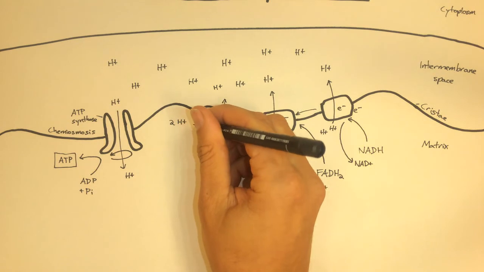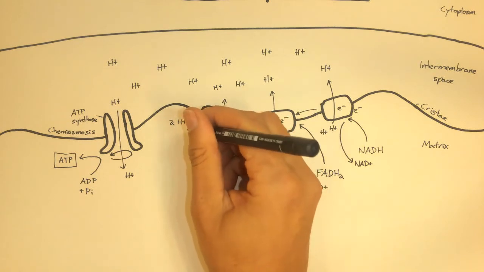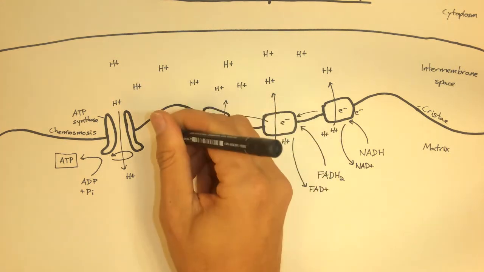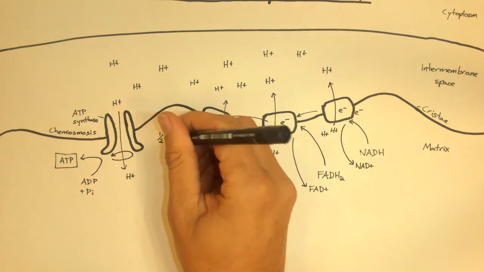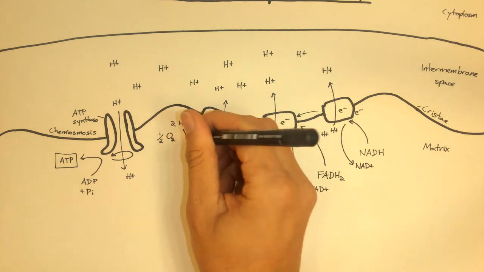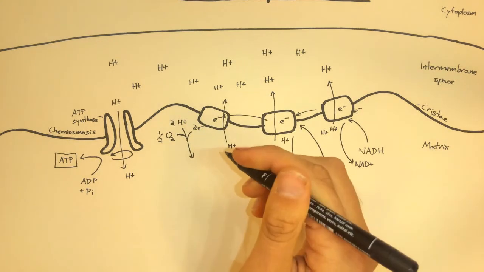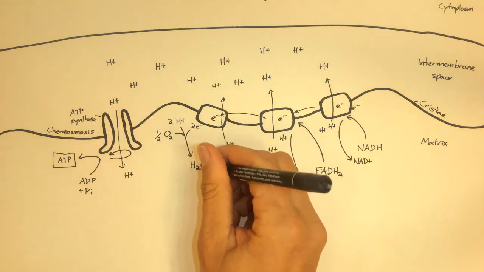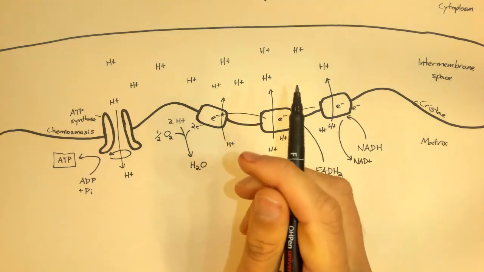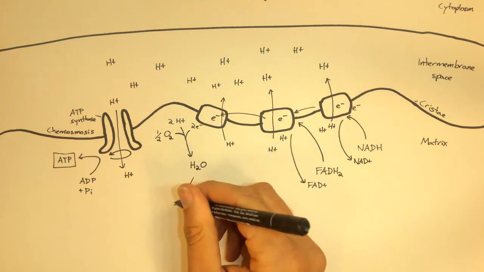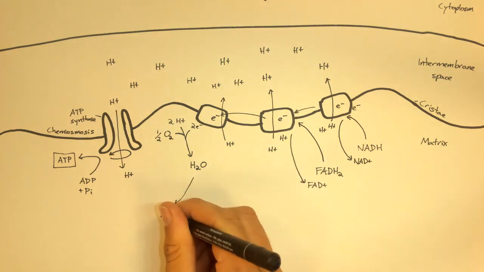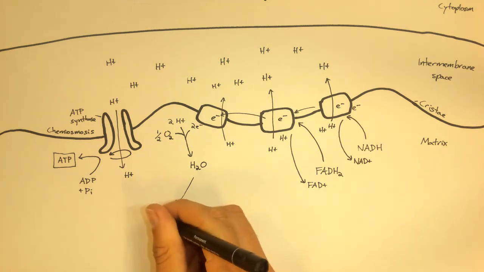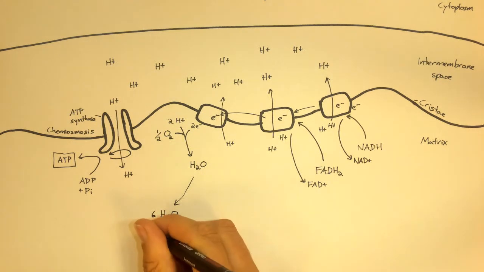So we have two electrons, two hydrogen ions, and half a molecule of oxygen to form water, H2O. This water is one of the products of respiration. Remember, per glucose, 6 molecules of water are produced.